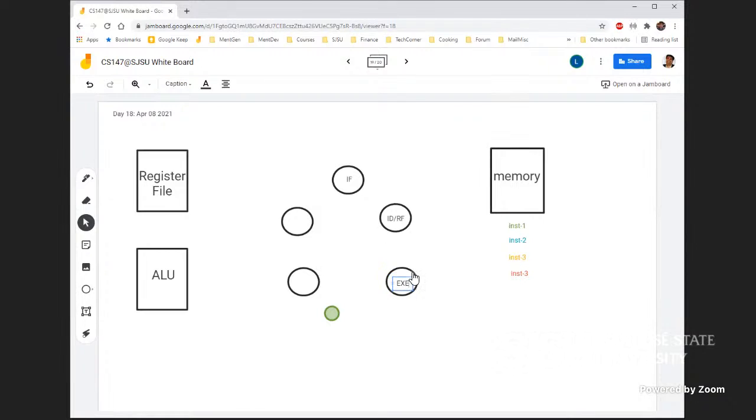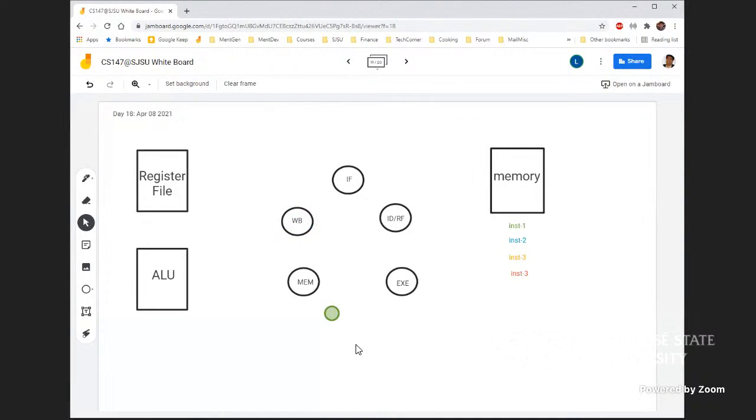So we have these 5 phases: instruction fetch, instruction decode, execution, memory, and write back.